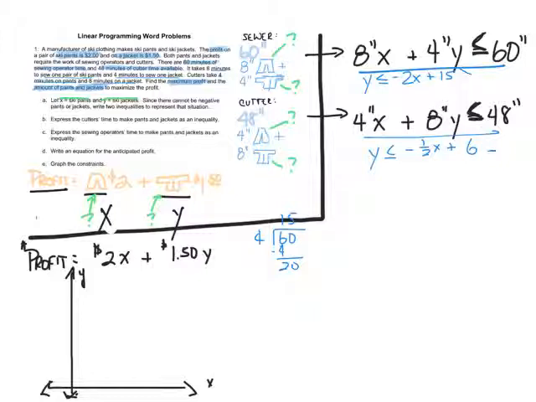I know that it's going to intercept at 15, so I'm going to say that this is 5, this is 10, and that's 15. That's on my y-axis. And one of these intercepts at 6. So I'm going to put a 6 right here. That would be my cutter. And up here is 15, and that's going to be my sewer.